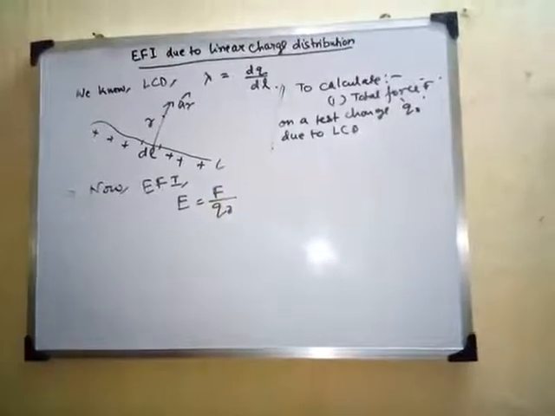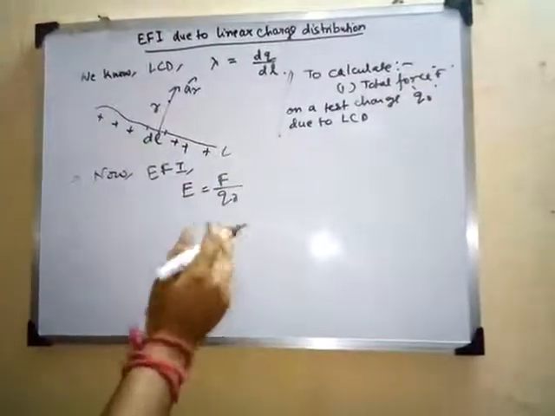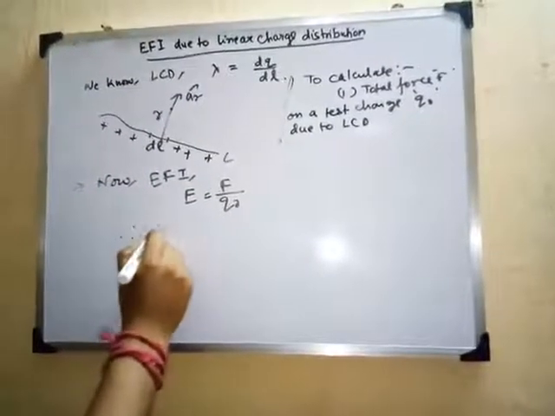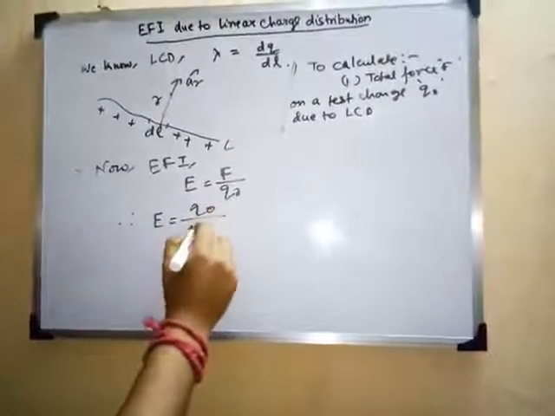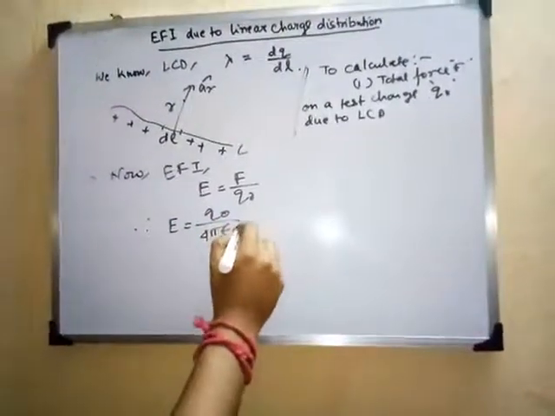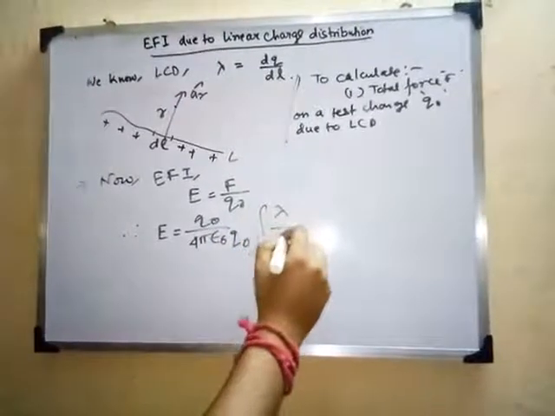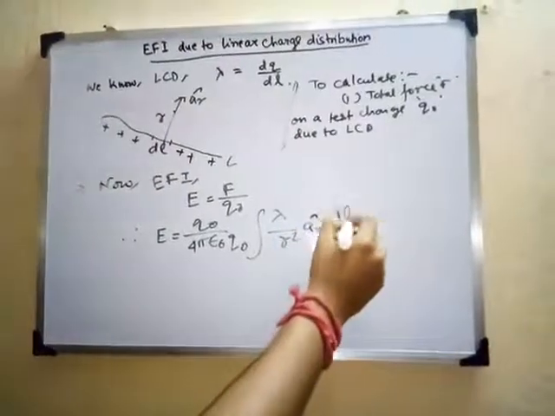You remember that EFI is represented by this expression we have discussed in the previous class. So therefore we can write E equals q naught by 4 pi epsilon naught, divided by q naught, times integration of lambda by r square ar dl, right?